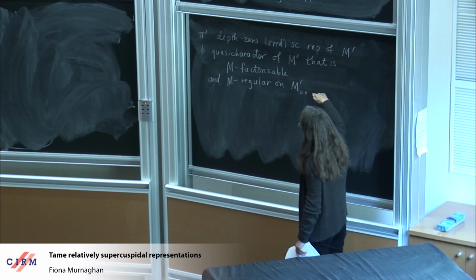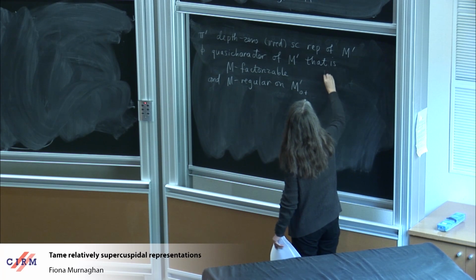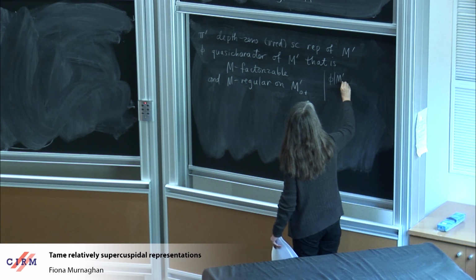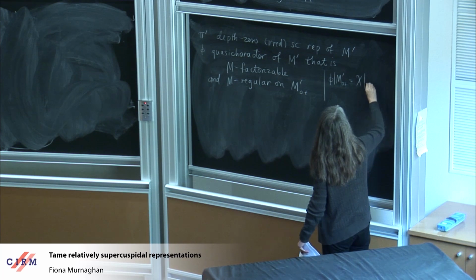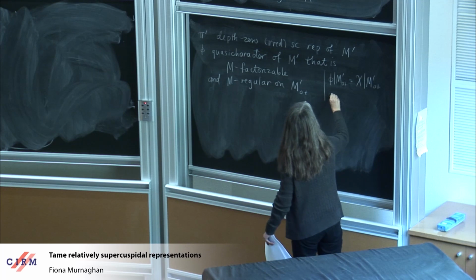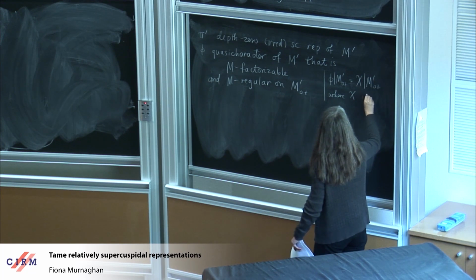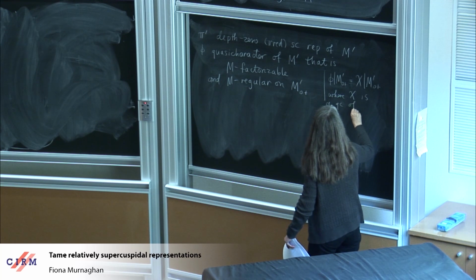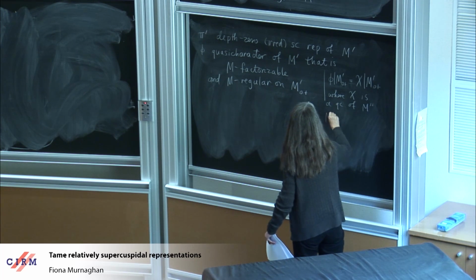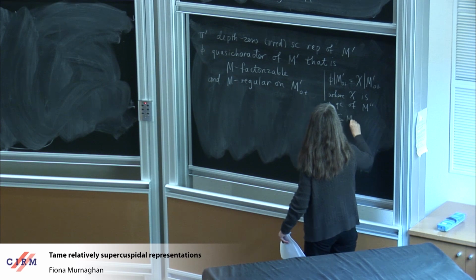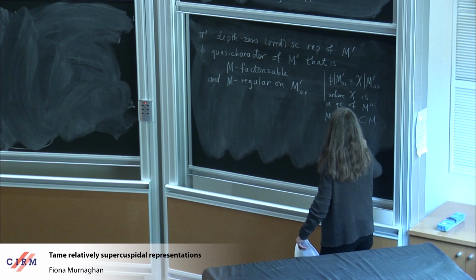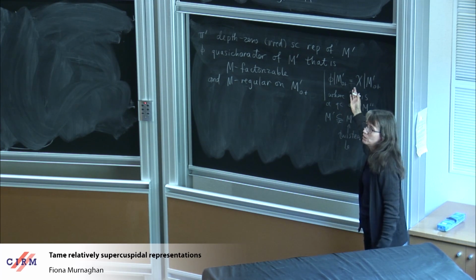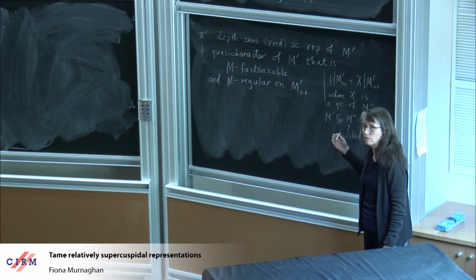Essentially, when you restrict phi, it could not be equal to some other quasi-character chi restricted there, where chi is a quasi-character of M double primed, with M primed contained but not equal to M double primed. This is another twisted Levi subgroup. So it can't come by restriction from a larger twisted Levi subgroup. That's the regularity condition.